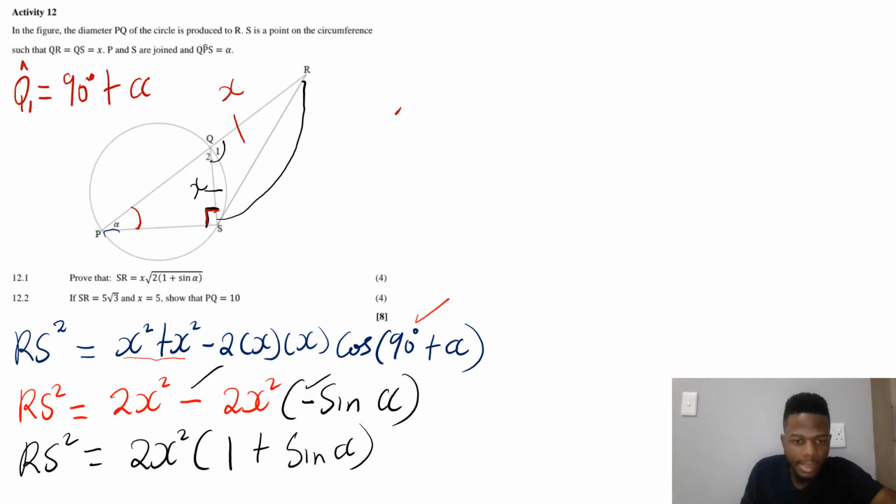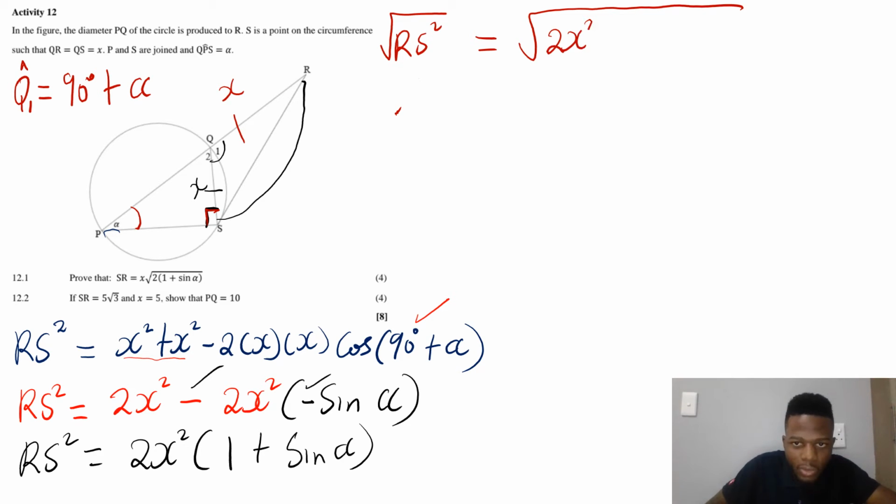Then to find RS, obviously we're going to have to introduce a square root on both sides. So the square root of RS squared, and also the square root on the other side. Here we have 2x squared into 1 plus sine alpha.